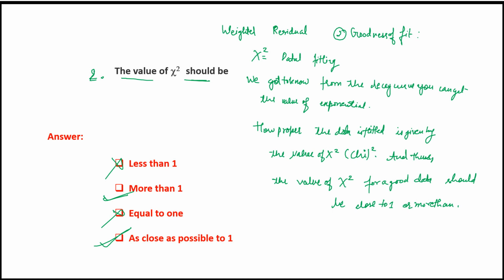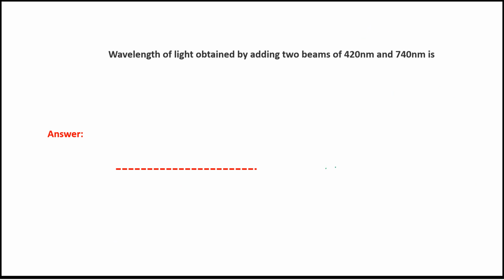So there are certain values, parameters, or this value, especially the chi-square value, that you should be considered when you consider the data fitting or when you do the data fitting. Okay. Now we'll go on to the question number 3.